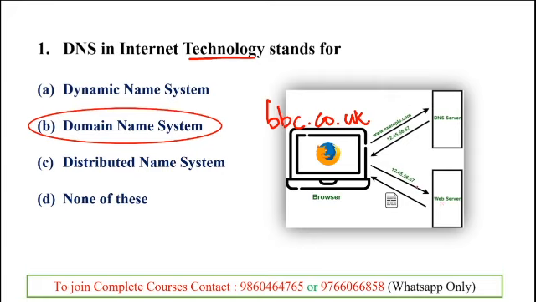So the data will be more secured by doing this, by converting the readable format into an IP address, and again it can be converted. So it will secure our data. Clear? So DNS stands for domain name system.